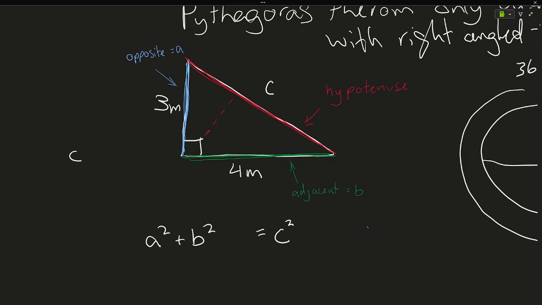If they are smaller than the hypotenuse, then it cannot be a proper right angled triangle, and that's when you're dealing with either an equilateral triangle or a scalene triangle, which sort of looks like that.